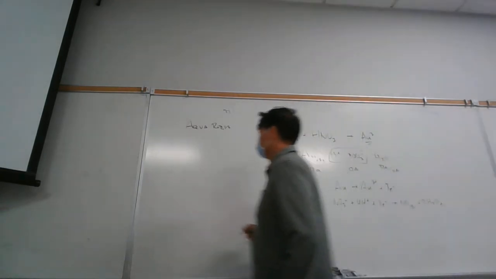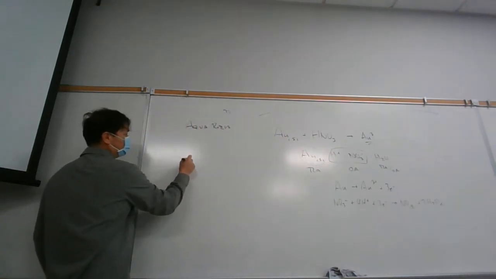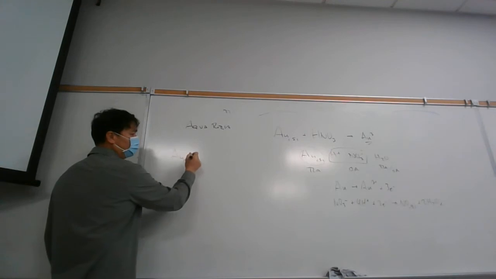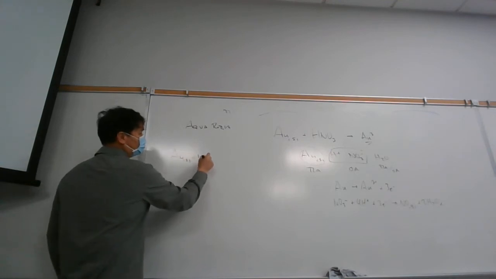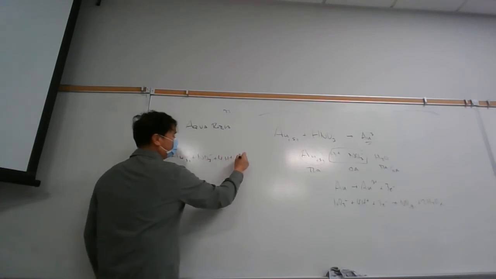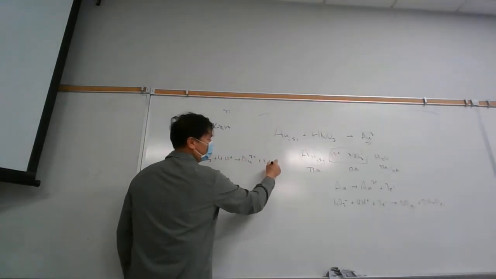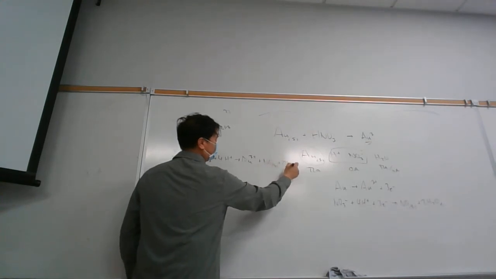That's what we want. But the problem with this is there's no driving force. So we have gold solid plus nitrate plus 4H plus yields gold 3 plus, NO gas, plus 2H2O liquid.